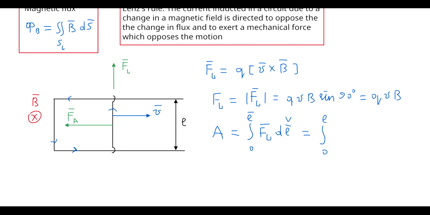Because vector FL in this situation has the same direction as vector dl. Vector dl is the infinitely small element of this rod.